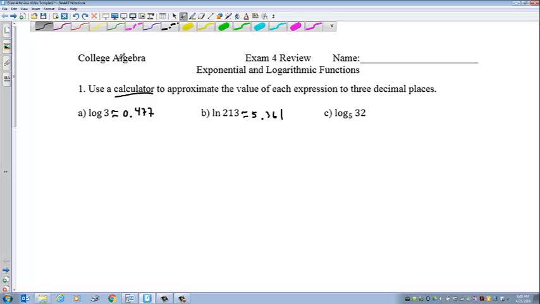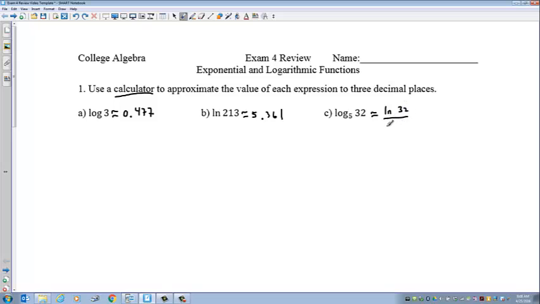Now this one's a little bit of a problem because you don't have a log base 5 on your calculator. So what we can do here is change it into ln's or logs. Let's just do ln. So it's ln of 32 over ln of 5, and this is actually equal to, so this is an identity.